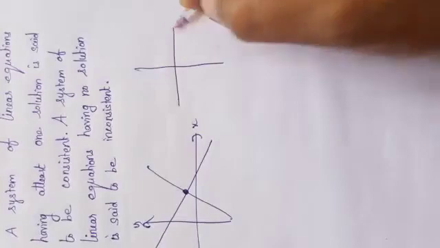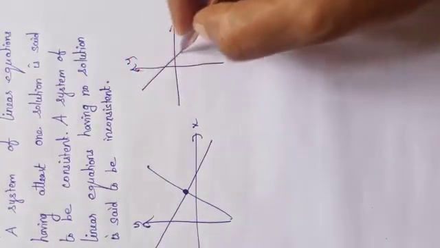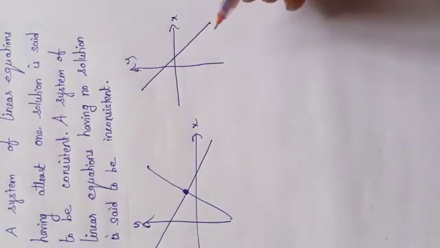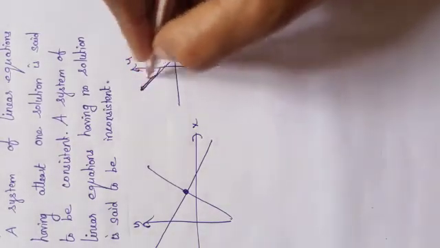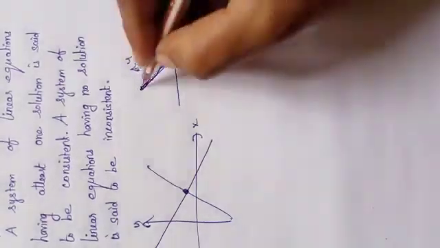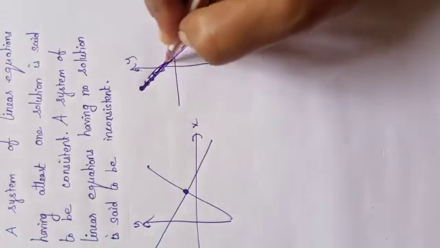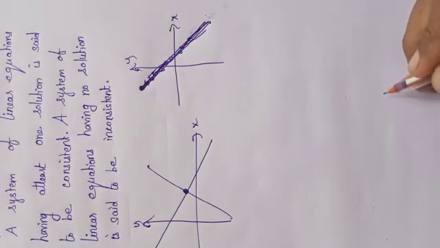Again, when we draw a line and the next equation's points also fall on the same line, one line lies above the other. So each and every point is a solution, so that is an infinite number of solutions. And no solution.